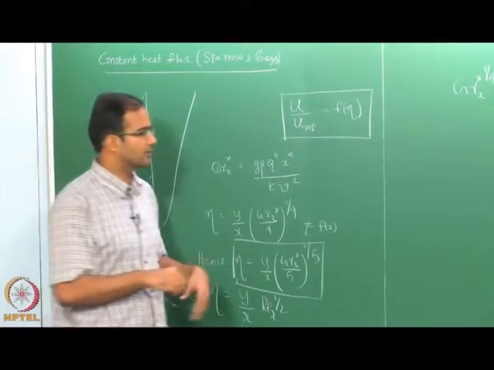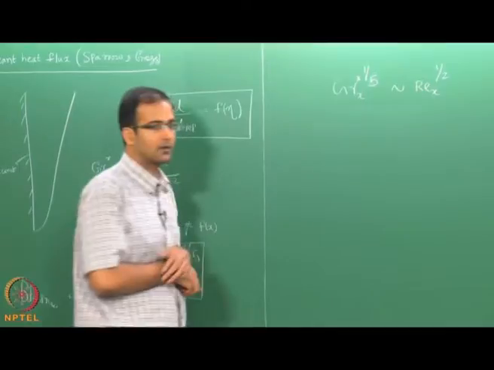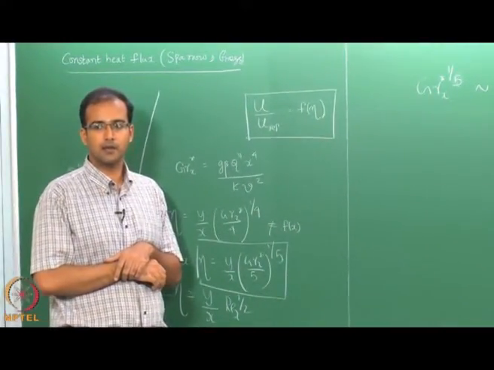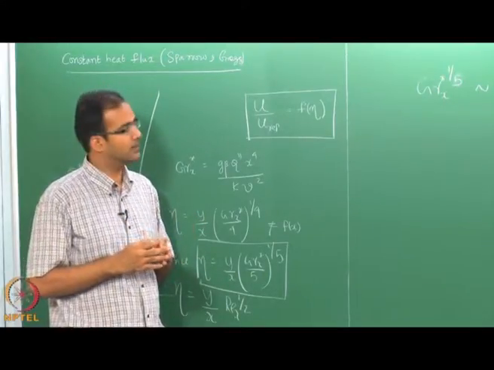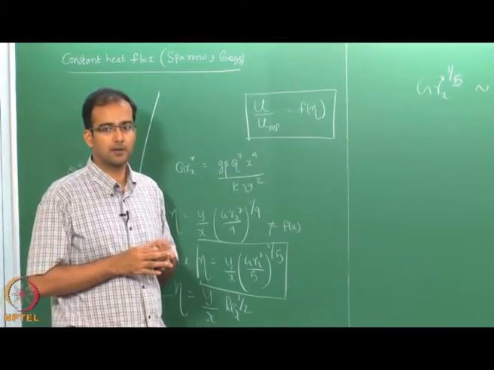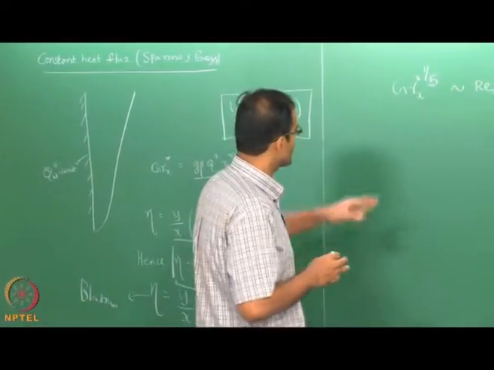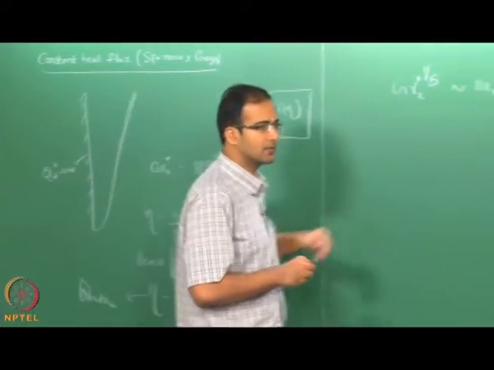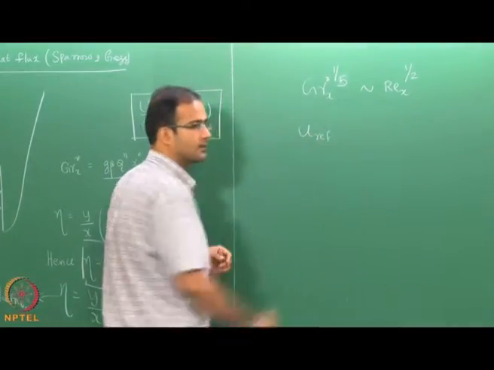So only Gr star to the power 1/5 should be of the order of magnitude of Rex to the power half, according to the modification of the definition of the similarity variable by Sparrow and Greg. Now can you please substitute our definition of the modified Grashof number and calculate the order of magnitude of u reference.